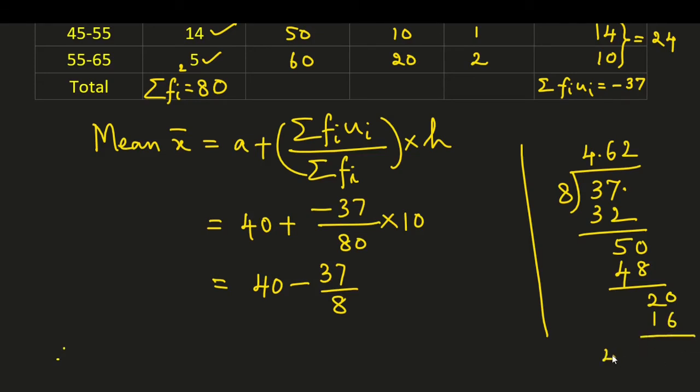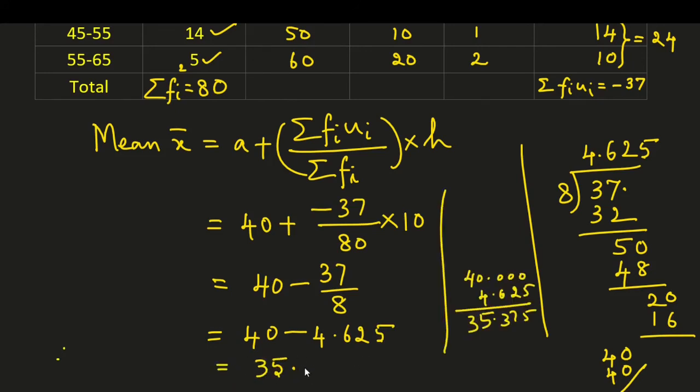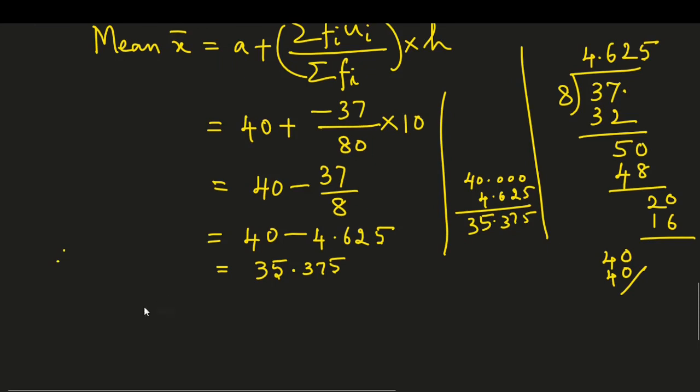We get 4. 8 fives are 40. So this is 40 minus 4.625. So this is 35.375.